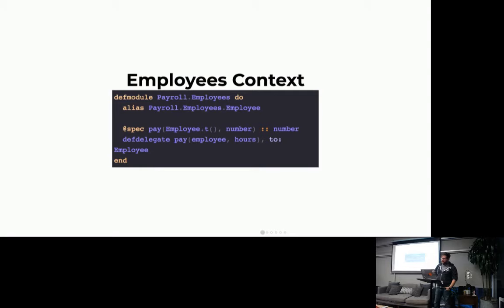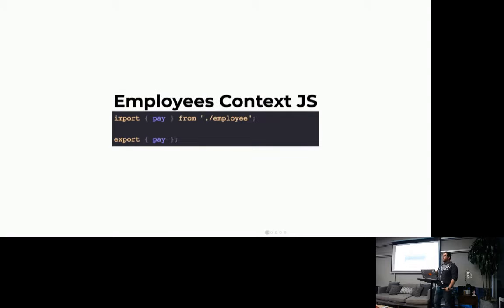And then in JavaScript, we can do the same thing. We can import functions from other modules in context, and then re-export them as public context functions. And because it's an index.js, you can just say import from /employees.